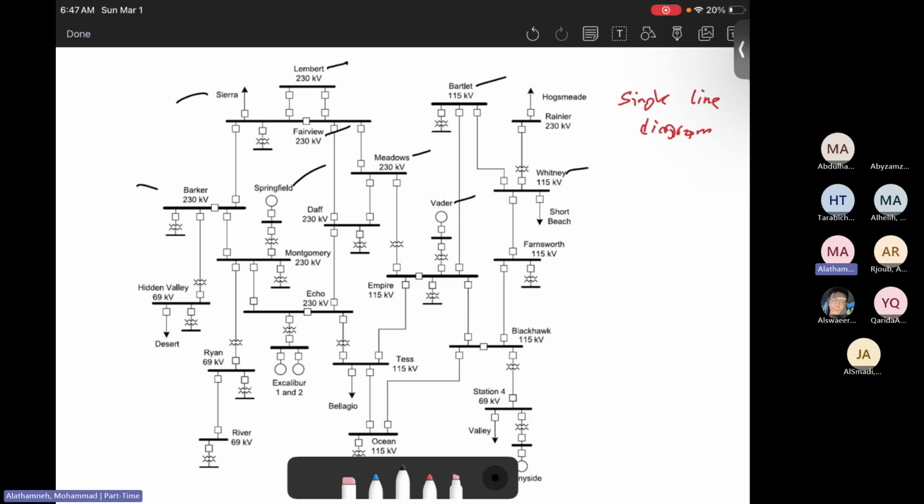So in Jordan, when you go to the control room where they are controlling and monitoring the electricity of the whole country, you will see a very big screen like this.